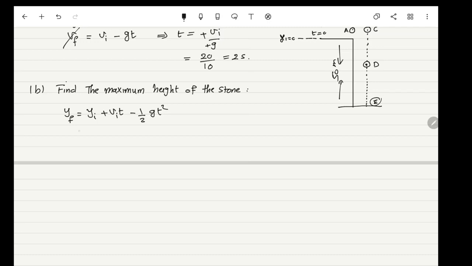So Y final equals 0 plus V initial, 20, times the time required to reach maximum height, 2 seconds, minus half G, which is 10, times 2 squared. So Y final equals 20.4 meters.